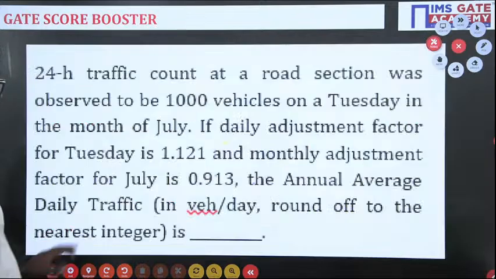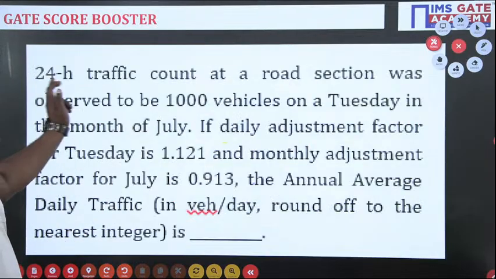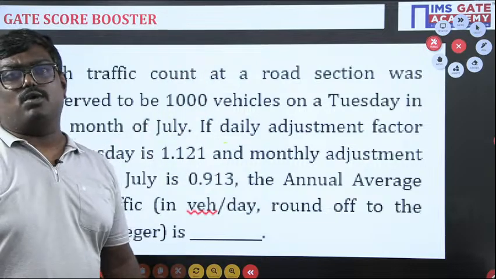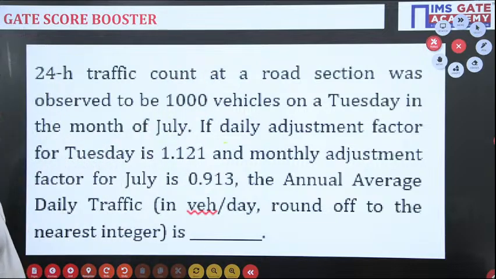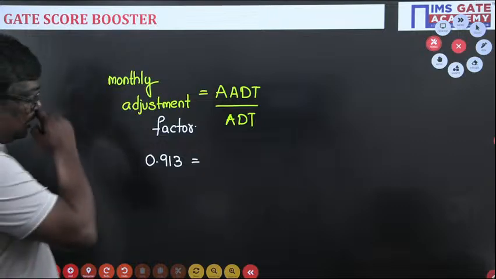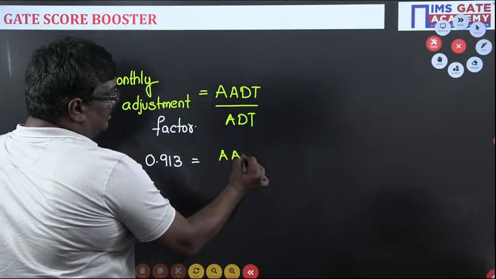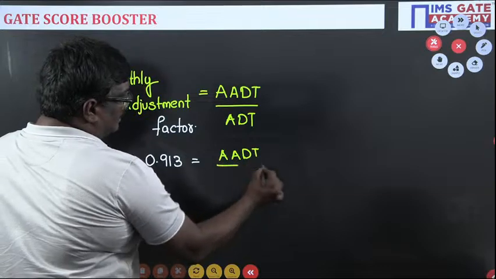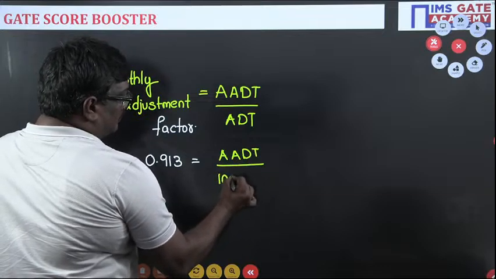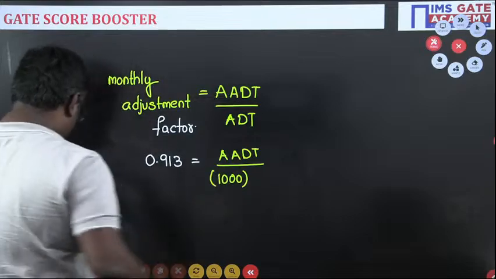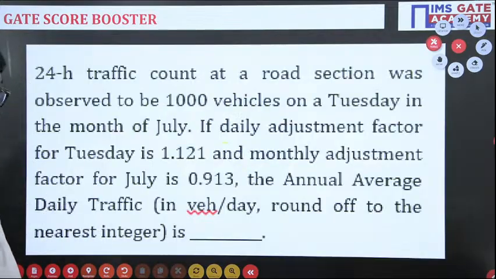So annual average daily traffic is what is being asked. And the 24-hour traffic count was found to be 1000. So here 0.913 is equal to annual average daily traffic upon average daily traffic, taken as 1000 multiplied by the factor, which is given as 1.121.